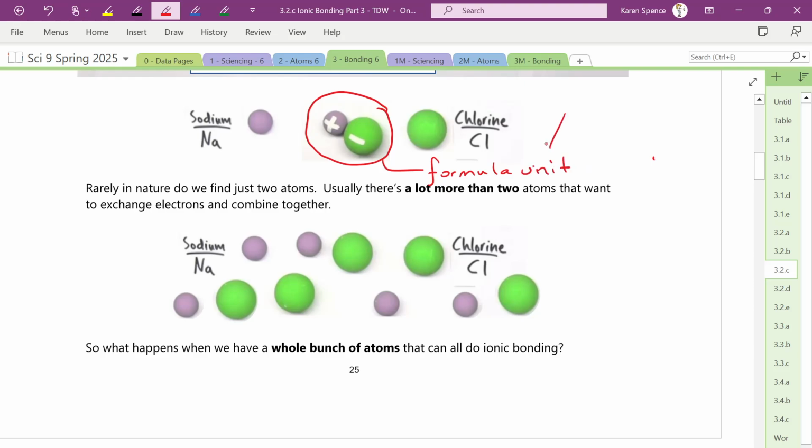It is a single unit of an ionic compound. It's made of positive ions and negative ions.